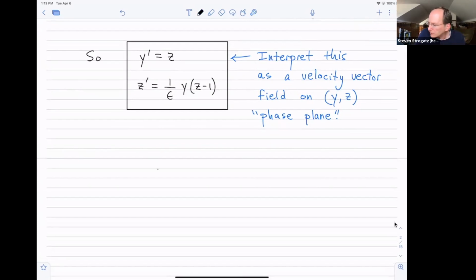So let's see, what should I do? Maybe I'm thinking I want to use different colors for the axes of my plane and various vectors that I'm going to be drawing and trajectories in the plane.